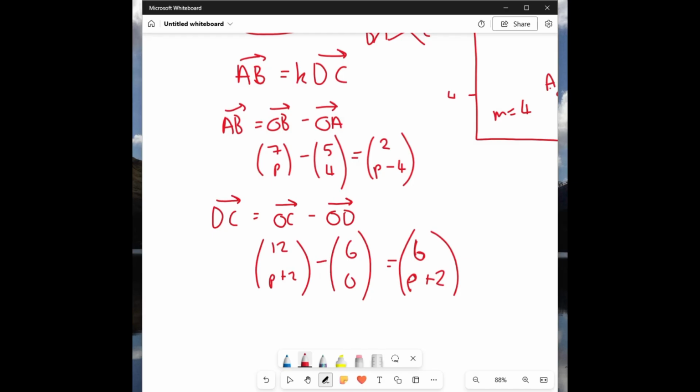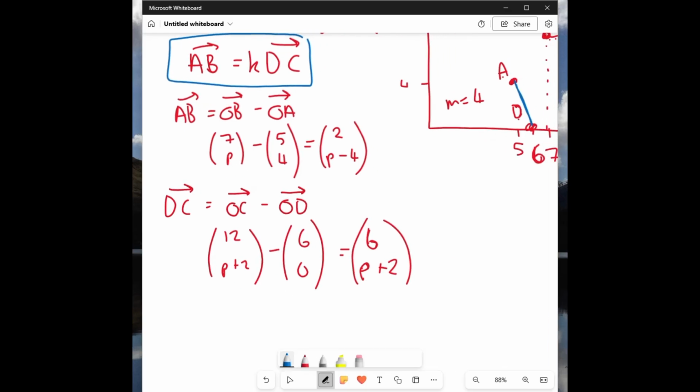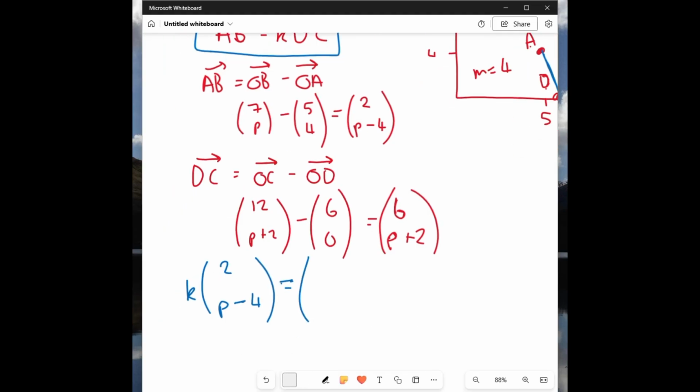So let's think about what we said up here. We said that AB is equal to K lots of DC. Or I could say it the other way around as well. Doesn't really matter which one's got the multiple, so I might do it this way around. So K lots of that, because I can see that I'm going to have a 6 there. So I'd rather deal with whole numbers rather than decimals.